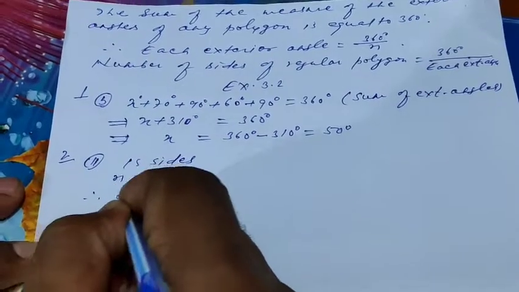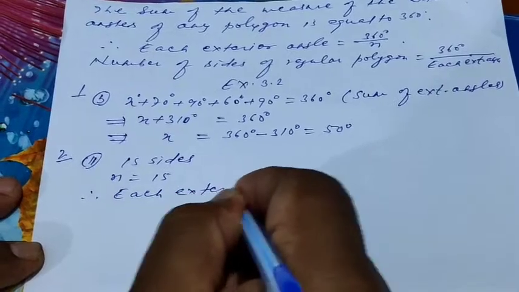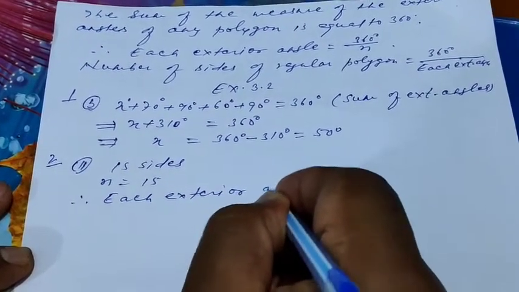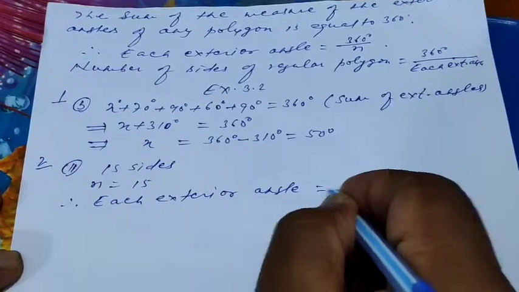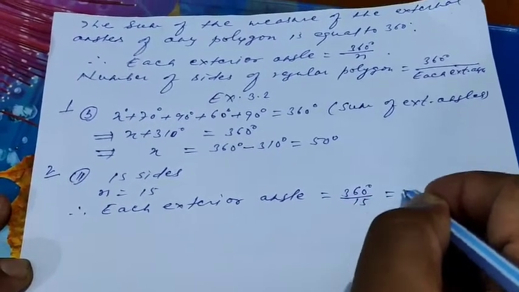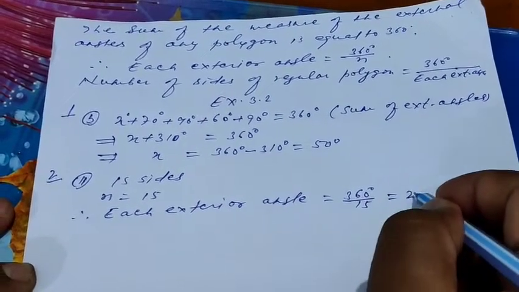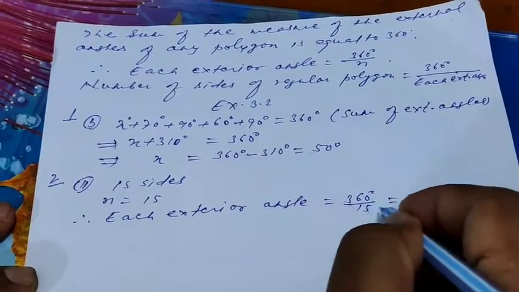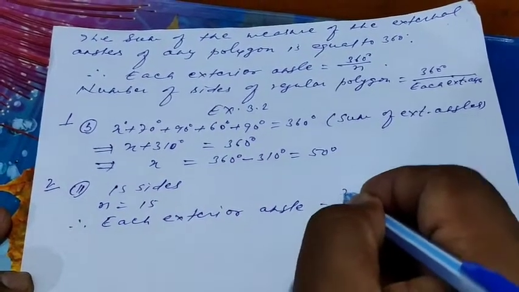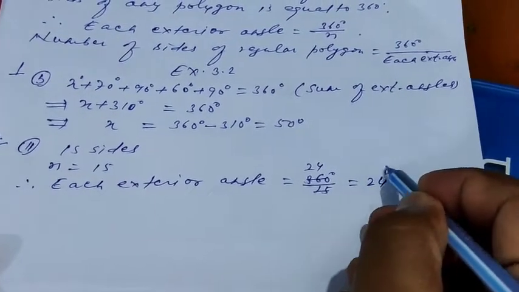Therefore, each exterior angle is equal to 360 degrees by 15. Number of sides is 15, so each exterior angle is equal to 24 degrees.